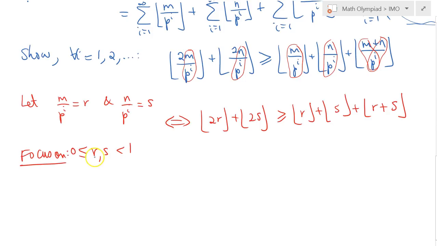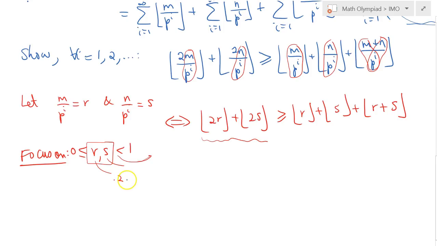Why is that? Because if r or s or both are outside this range, and you increase, let's say, r or s by 1 or 2, for each increment you just see the left-hand side, for instance, instead of 0.2, if you increase r to 1.2, right?